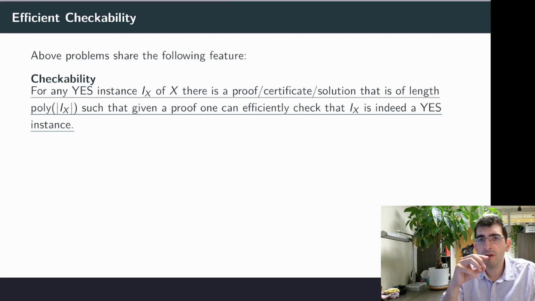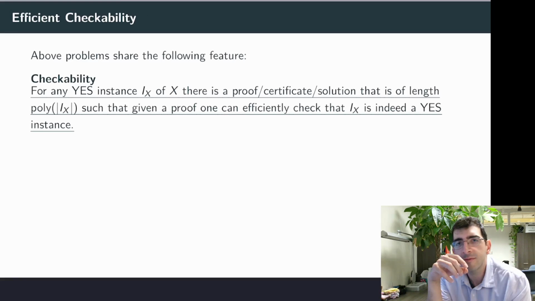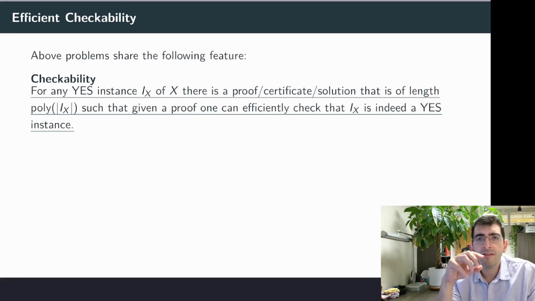So the answer is that if a problem is in NP, it means that there is a non-deterministic algorithm that could solve that problem.